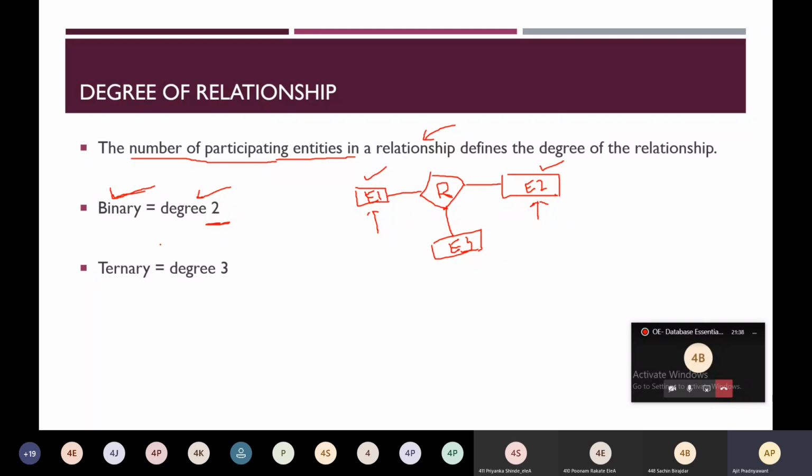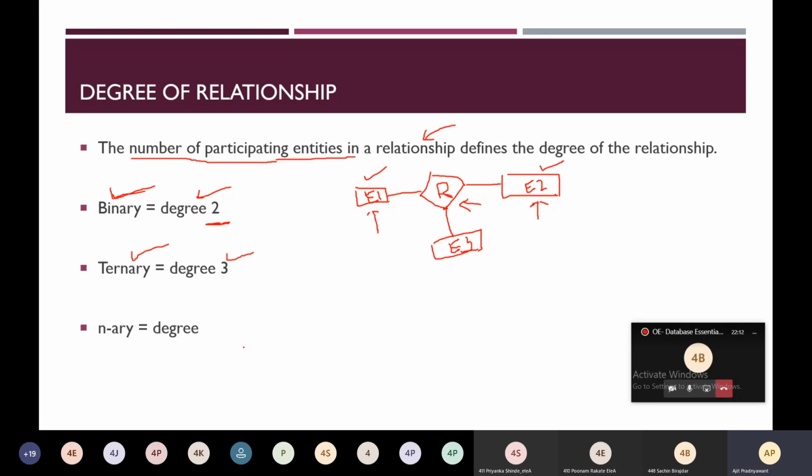That's why the relationship degree is 3. It is called ternary degree of relationship. Now you can understand n-ary degree. As many entities are present, that many degrees are present in that particular relationship. If there are 4 entities, then it becomes degree 4. Okay, so this is called degree of relationship.